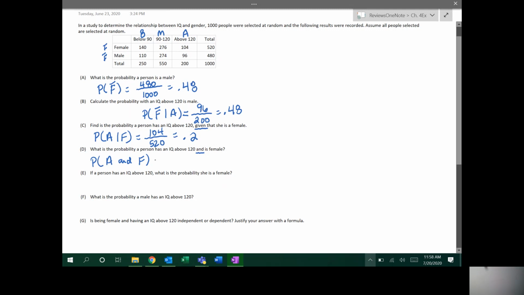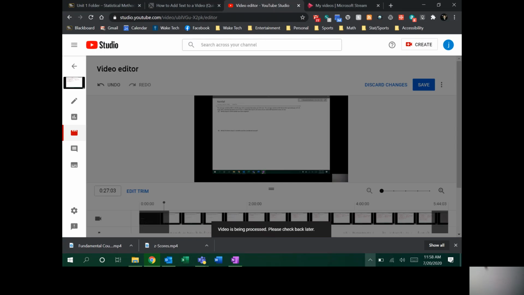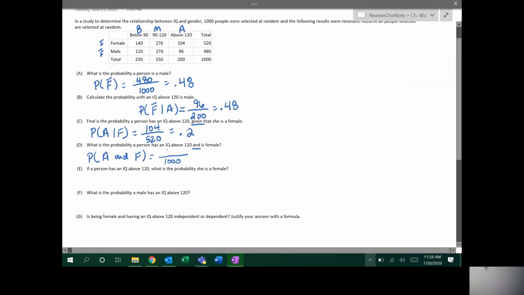There is a significantly easier way. We have 1,000 people total, and of those 1,000, 104 have an IQ above 120 and are female. Much easier than the hard way.